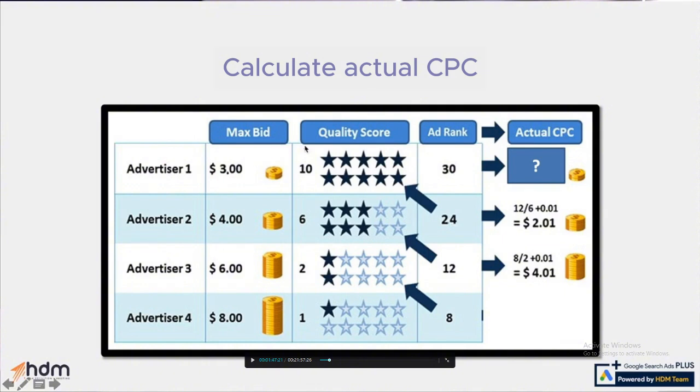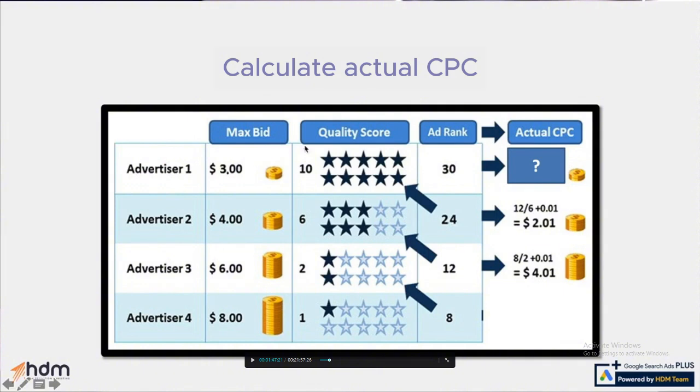Well, I want to tell you a very important point here. Everyone asks, so on what basis is the final one calculated? This is a very important question. So, if advertiser 4 gets a click, on what basis is their CPC calculated?